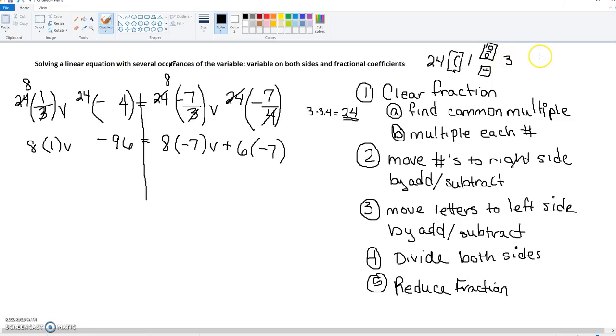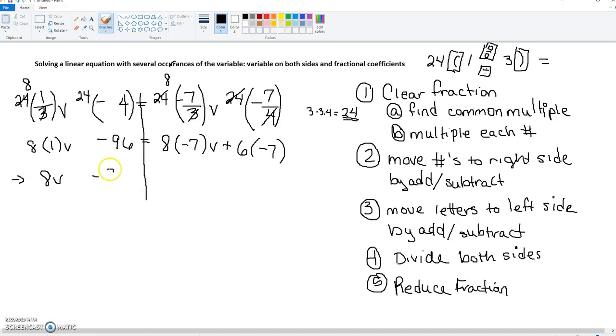You'll type in 3, close parentheses, and enter. Now when you do that, it actually gives you the answer that we will be having here. So 8 times 1 is 8, and so your calculator will give you this step here.